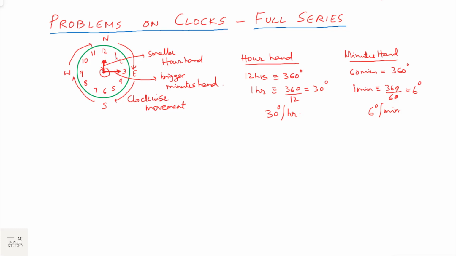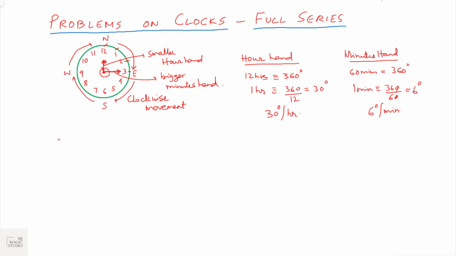These are hours, and between every 2 hours, 60 by 12, that is 5 minutes coverage, is there as far as the minute hand is concerned. Now we need to deal with the different kinds of questions which can be asked.